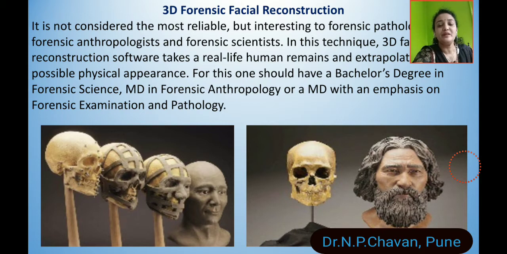That means it might be that person or that skeleton or the head, skull of any person. Then by manipulating the structure or reconstructing it, it can be assumed that the possibility that person was looking like this. For this, one should have a bachelor degree in forensic science or MD in forensic anthropology or MD with an emphasis on forensic examination and pathology.